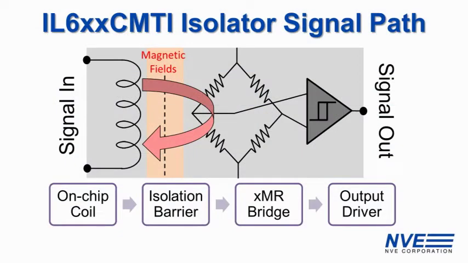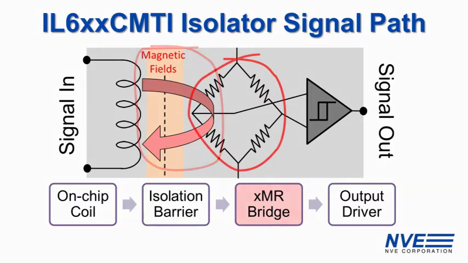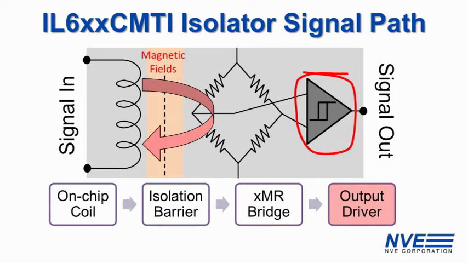NVE's passive input isolators work by using a micro-scale electronic coil to magnetically excite an ultra-fast spintronic GMR material. Isolator input signals are driven through the coil to create a magnetic field that drives the spintronic resistors configured in a Wheatstone bridge. A high-speed comparator circuit reads the bridge and sets the state of the isolator's output.